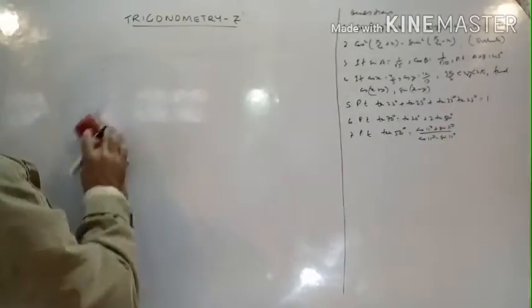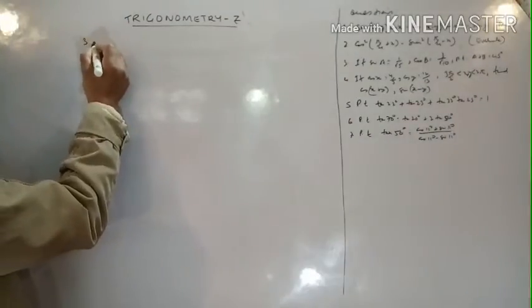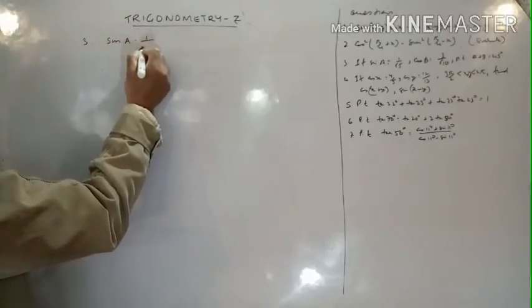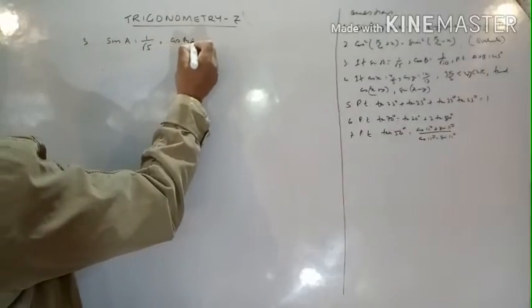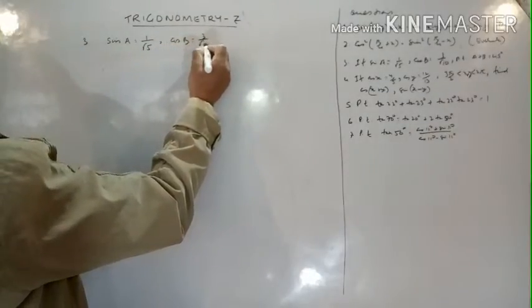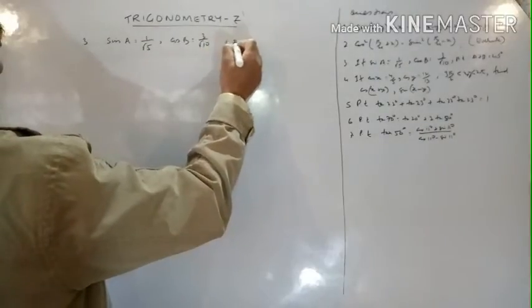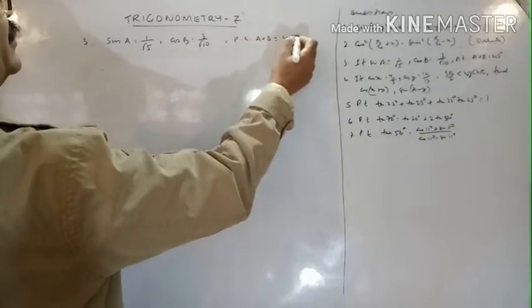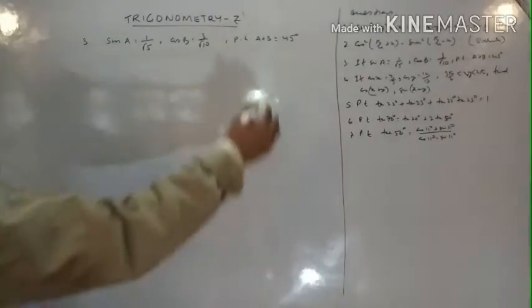Now question number 3. Given sine A is equal to 1 by root 5 and cos B is equal to 3 by root 10, we have to prove that A plus B is equal to 45 degrees.